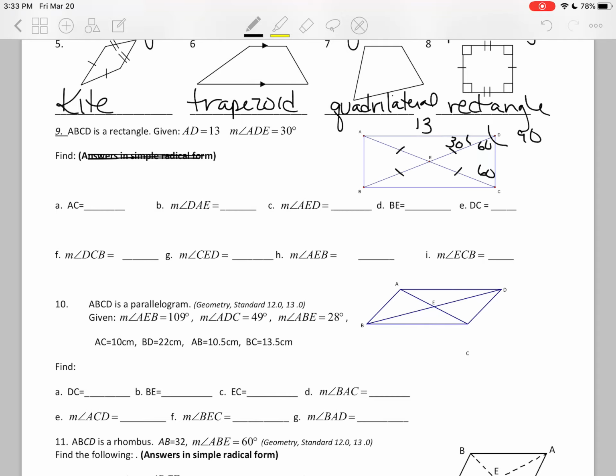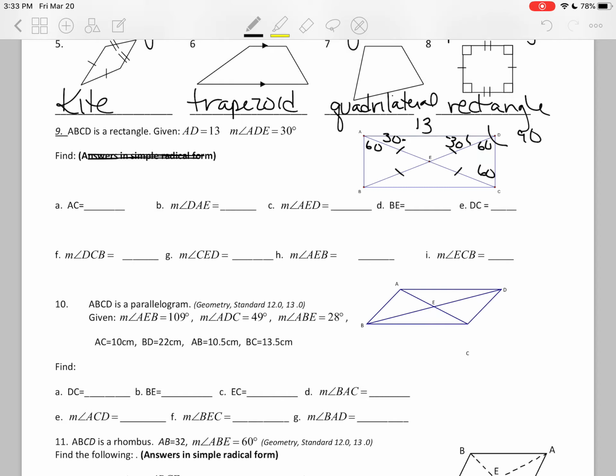So if that angle is 60, then this angle down here is also 60. Sorry, it's an isosceles triangle. An isosceles triangle has base angles equal. So this one's 30, then this one's 30. And then this one would be 60, and so forth all the way around.